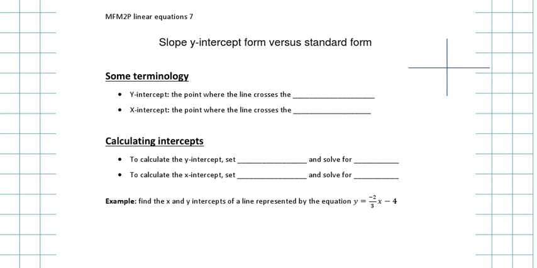Okay? So if I look at this, right? And I have a line. Right? This is my line. Right? Right here is my y-intercept.